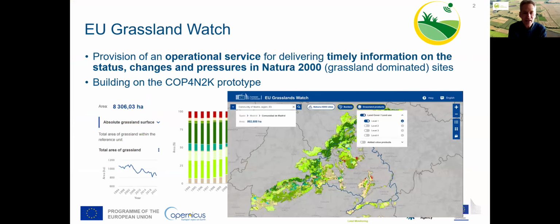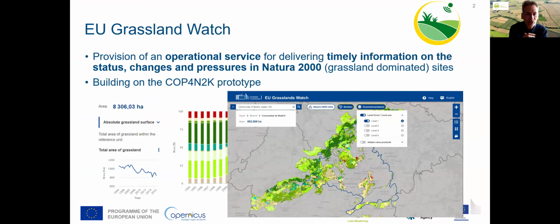What is the objective of the EU Grassland Watch project? It aims at providing an operational service for the provision of information on the status, the changes, and the pressures in Natura 2000 sites, and here in particular Natura 2000 sites which are dominated by grasslands.